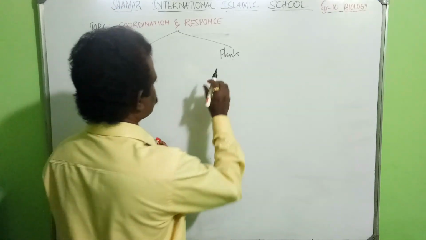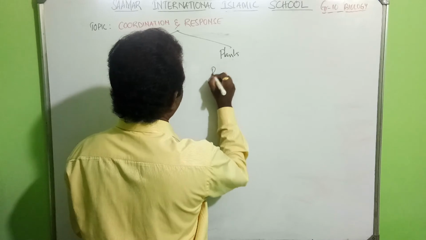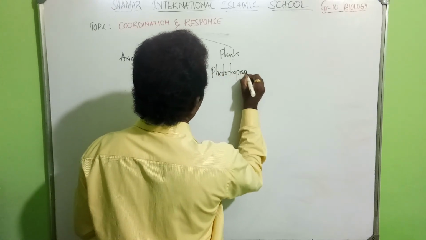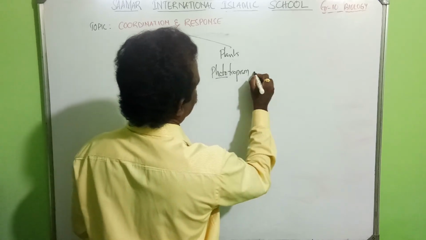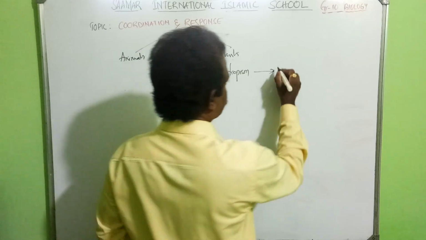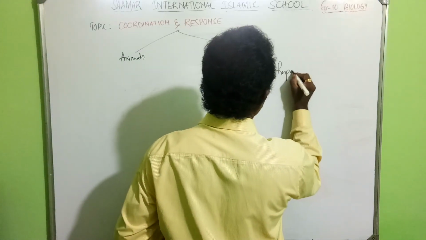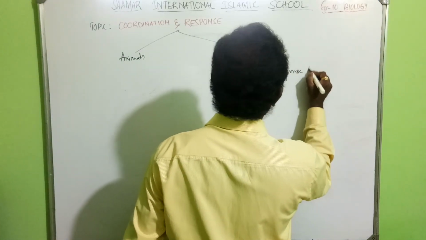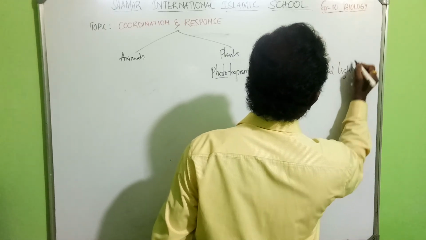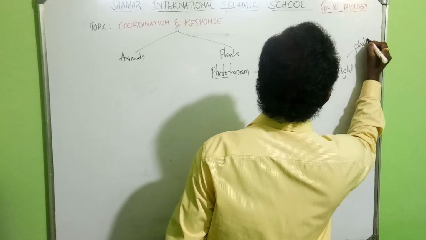Now, the first one is phototrophism. Photo means light, so they respond towards light. Light means photon.